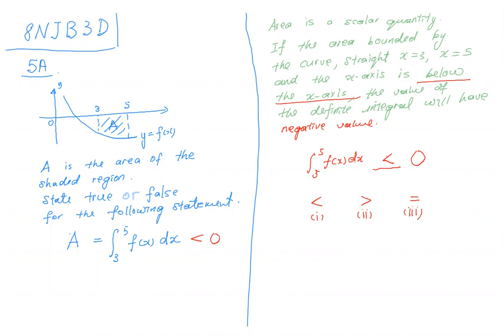Can area be a negative value? No. So can this statement be true? So this statement is false, because area must be more than 0. Now you understand?